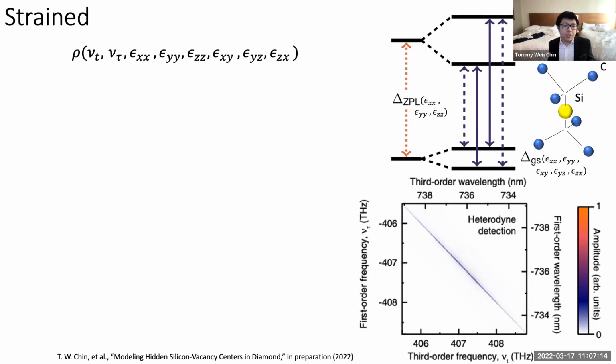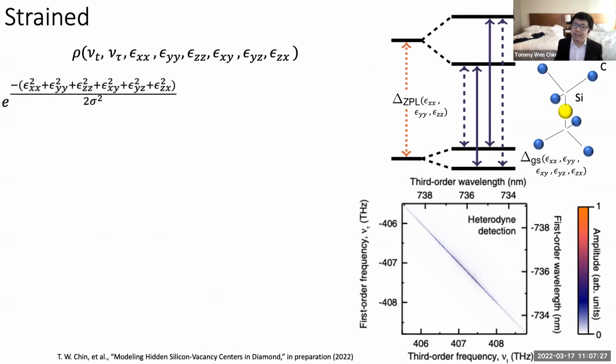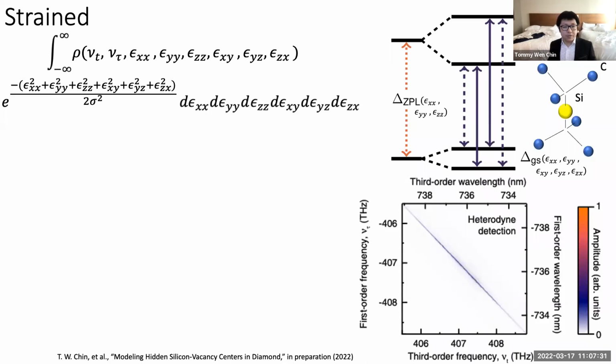A natural question that arises is, how does strain vary in our diamond sample? Well, when in doubt, first try a Gaussian, and that is exactly what we did. We then integrate over all 6 of the strain components, weighting it with a normal distribution.